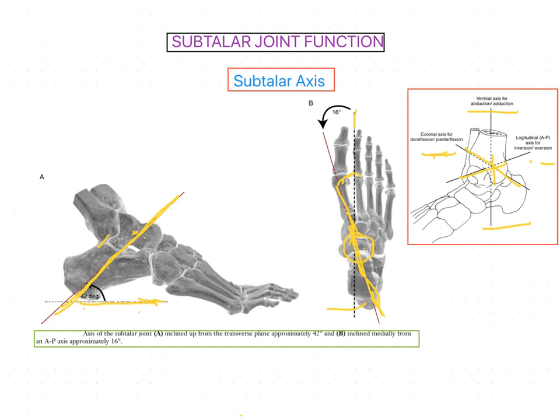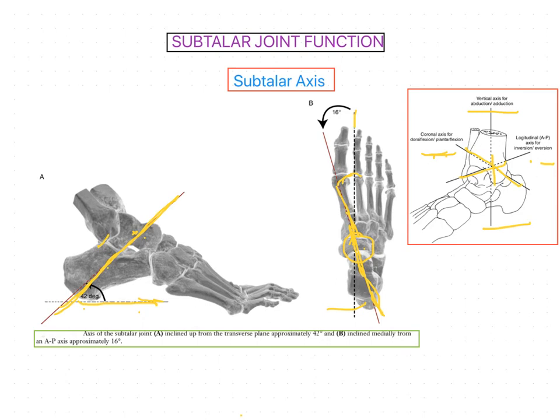That means this subtalar axis is crossing all the axes here. Because of this, the subtalar joint will have component movements, that is, triplanar motion is going to occur here.